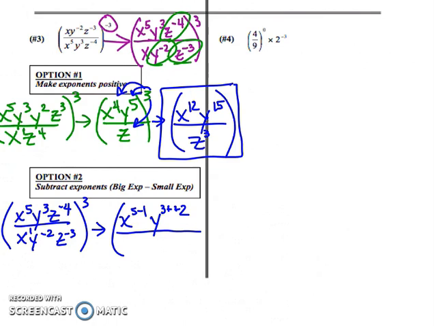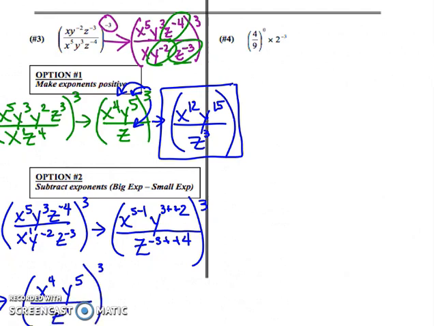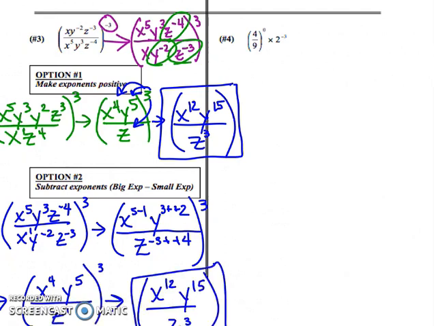Okay, so now when I do this subtraction, I end up with x to the 4th, y to the 5th, and z to the 1st, still all cubed. And then I'm at the last step that I was the previous way that I did this. So when I distribute that 3, I end up with x to the 12th, y to the 15th, over z cubed. So same answer, just 2 different ways to get there.